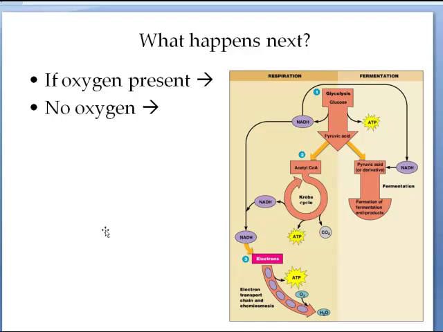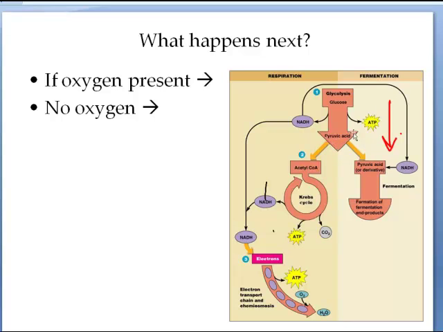Now, once oxygen is present, the fate of glycolysis is going to be within this part, which is the Krebs cycle. If oxygen is not present, then the pathway enters the fermentation pathway.